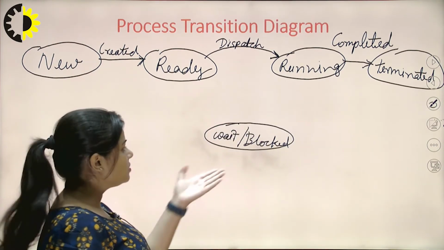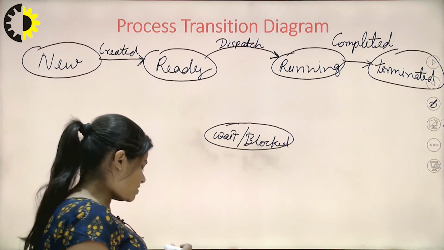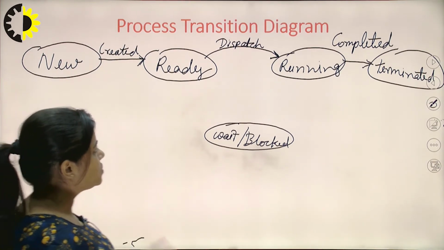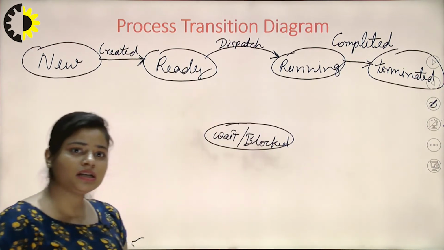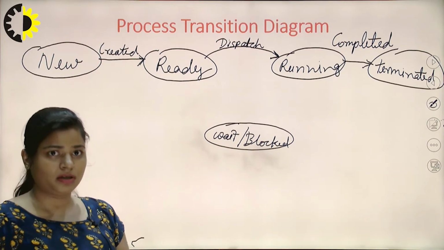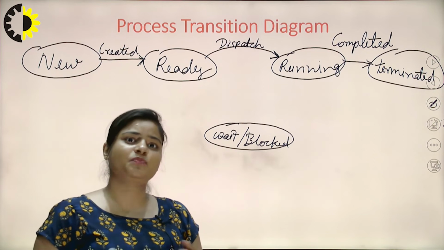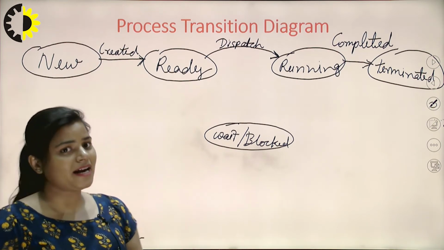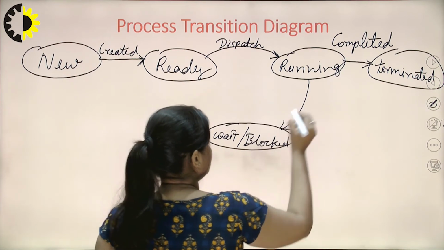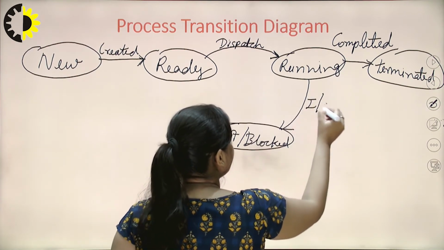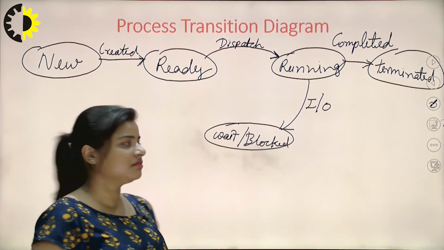So now what is the role of wait and block? Whenever such a situation comes that a process which is in running state needs an IO device, and that particular IO device is busy with another process, in that situation it goes towards the wait and block state.